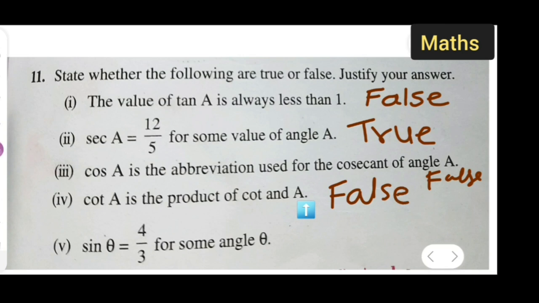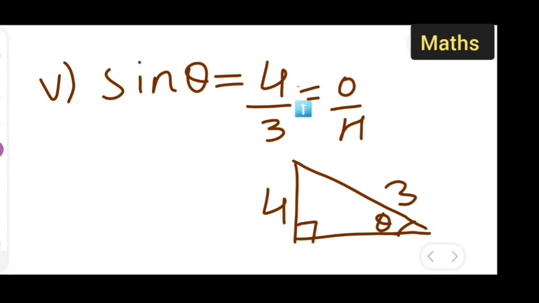Now we have the last statement, sin theta is equal to 4 upon 3 for some angle theta. So let us see this. Sin theta is opposite upon hypotenuse. So opposite of theta is 4 and the hypotenuse is 3 over here.